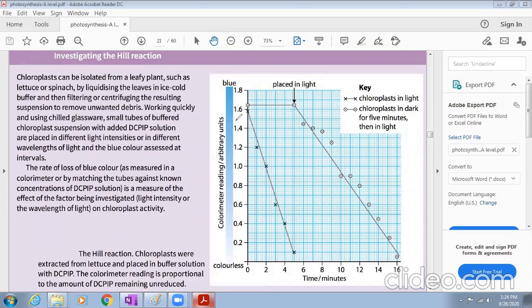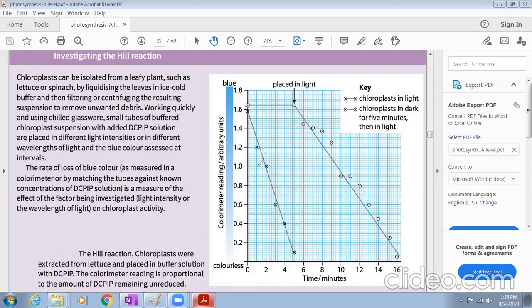The y-axis of the graph shows if the color of the solution is decreasing, measured by a colorimeter. Initially the solution was blue, and when the light reaction is happening and DCPIP is accepting electrons, the solution becomes colorless.